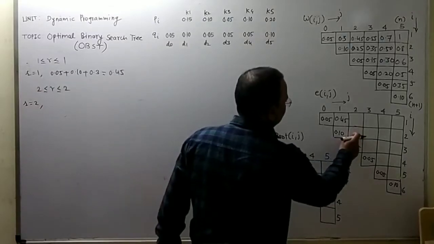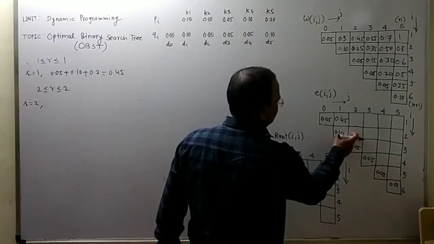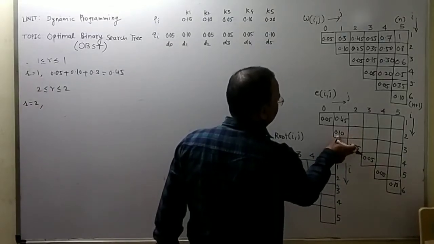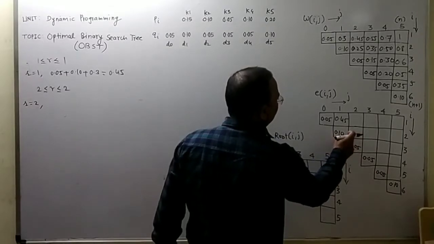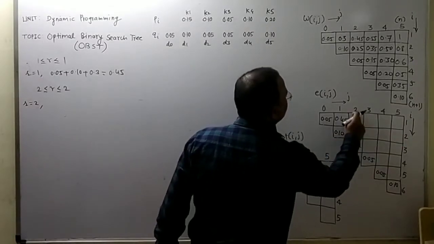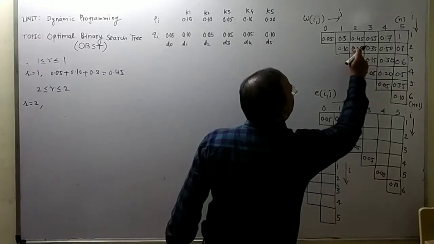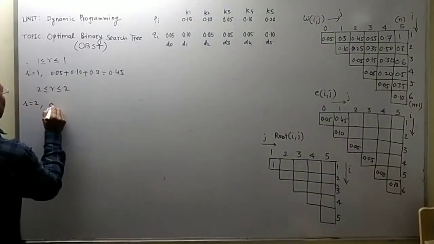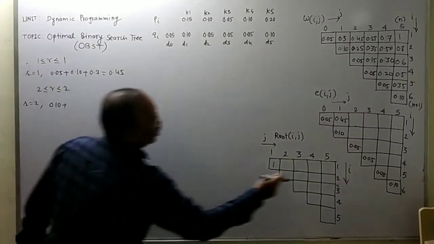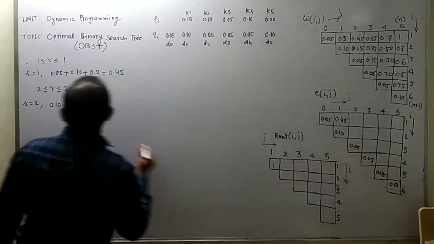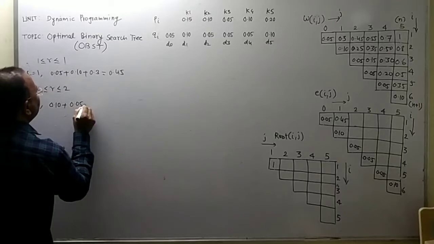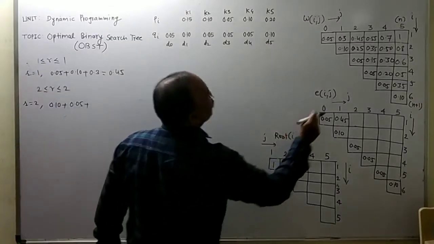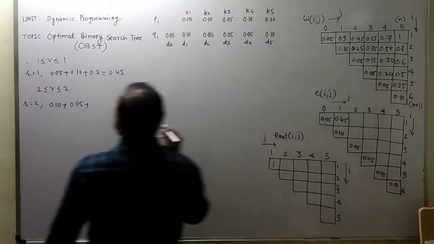For this cell, we have to consider the left value, down value and value at 2 cell in W table, that is 0.25, means 0.10 plus 0.05 plus 0.25.